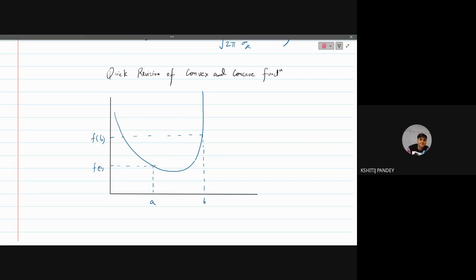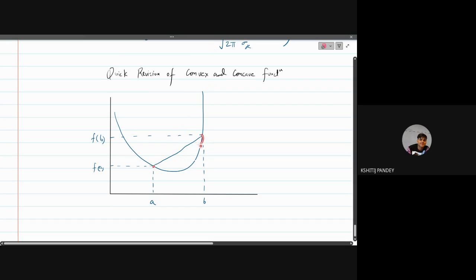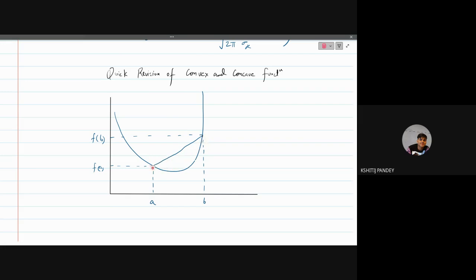Okay, let me redraw it. This is the linear interpolation. So for a function such that the function's value between any 2 points A and B is less than the linear interpolation between the 2 points, when this holds, then the function is a convex function.